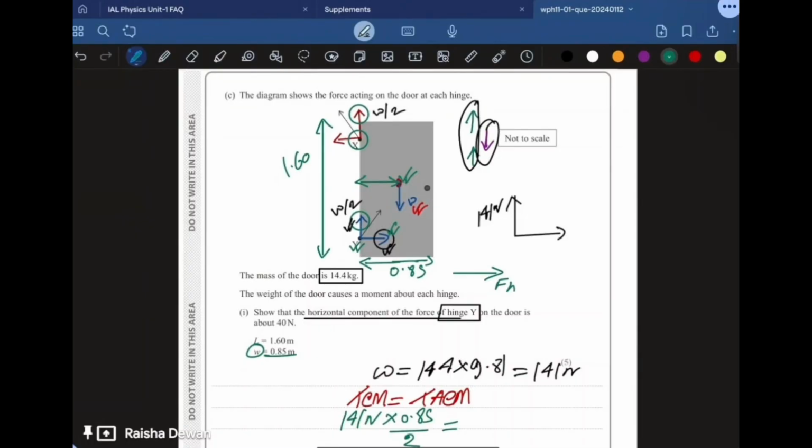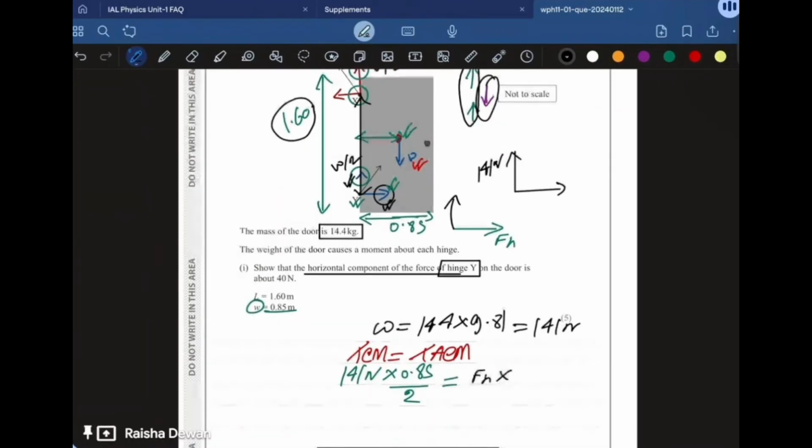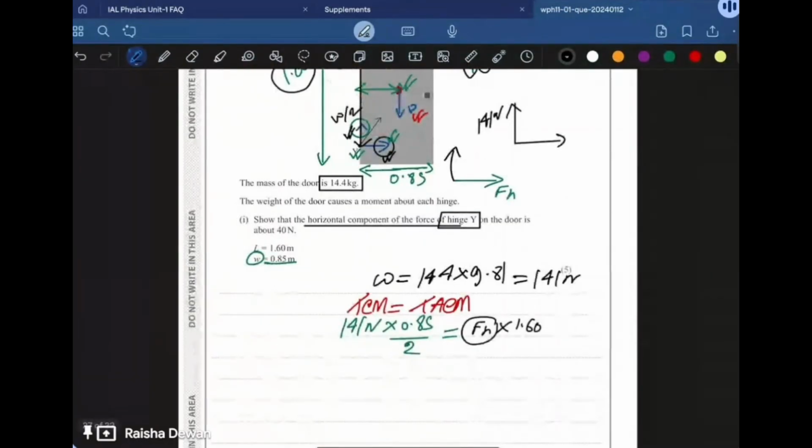Now for F horizontal, we have to take the perpendicular distance, and the perpendicular distance will be this distance from the hinge X to the hinge Y, right? This distance, which is going to be our 1.60. So we'll take it down as FH into 1.60. So if we make the horizontal component the subject, FH, our answer will be 37.5 Newton. So this is how it will work.